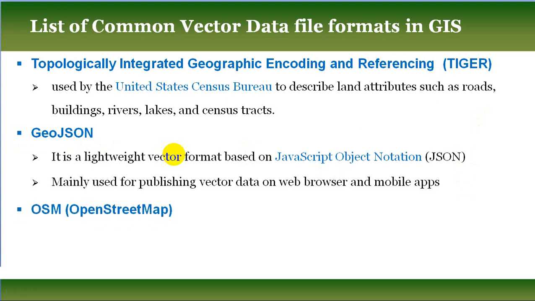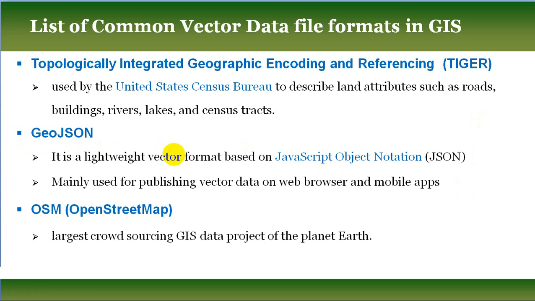And one is OpenStreetMap, or OSM in short. This is the largest crowdsourcing GIS data project of the entire planet. That means anyone, even you, can participate and develop OpenStreetMap data.